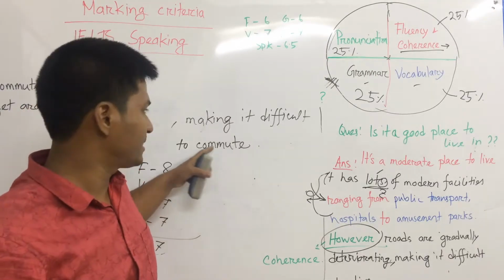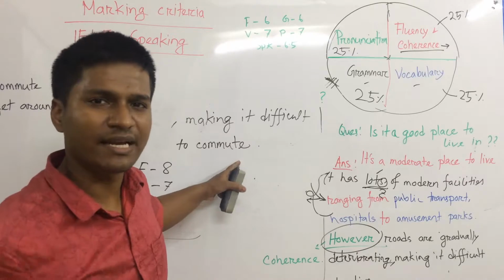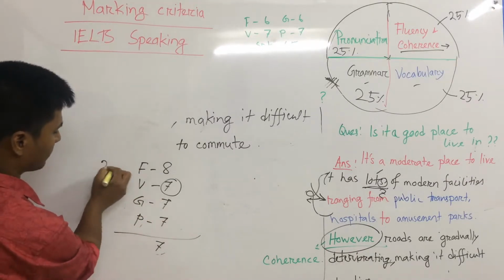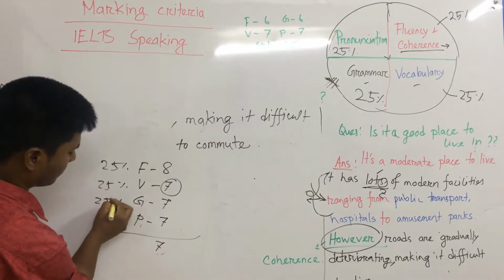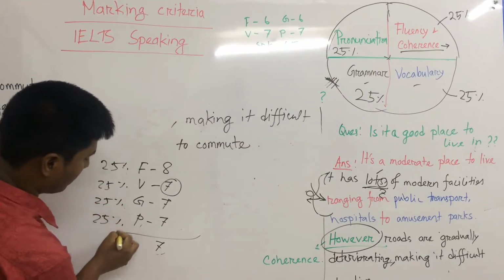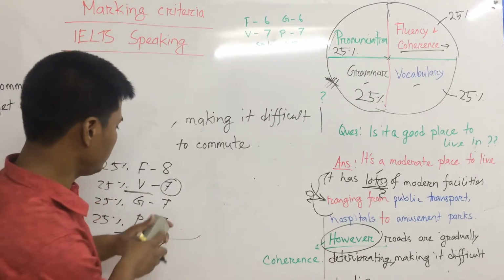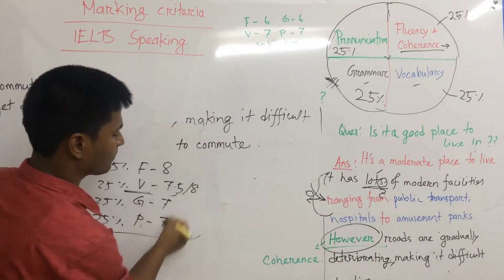For utilizing such type of amazing and excellent words in your IELTS speaking exam, your score here in this 25% mark, in vocabulary section, you will be maybe getting 7.5 or 8.